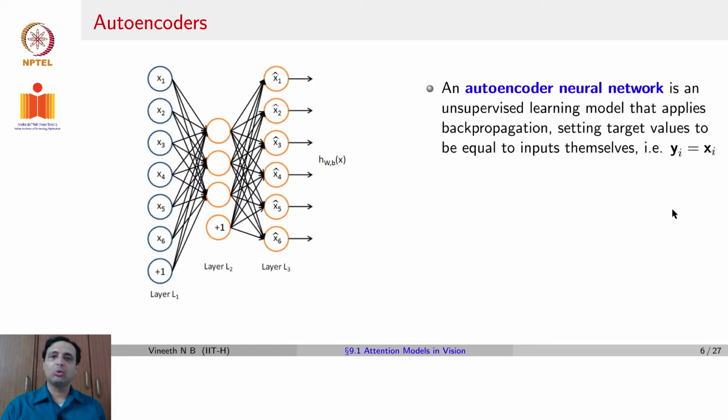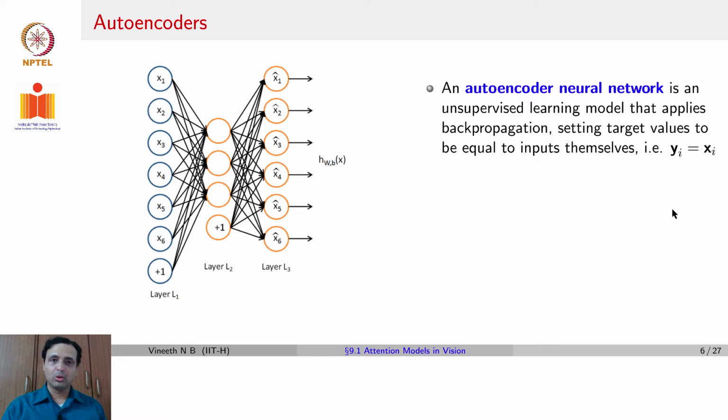Not all encoder-decoder models need to be autoencoders. However, the conceptual framework of encoder-decoder models comes from autoencoders, which is why we're discussing this briefly before we come back to encoder-decoder models.